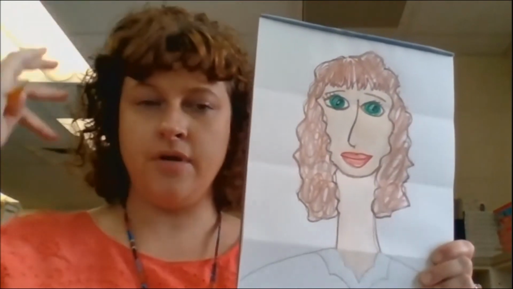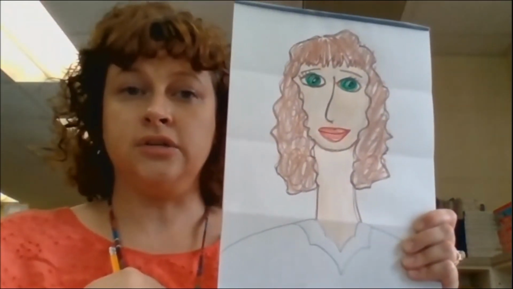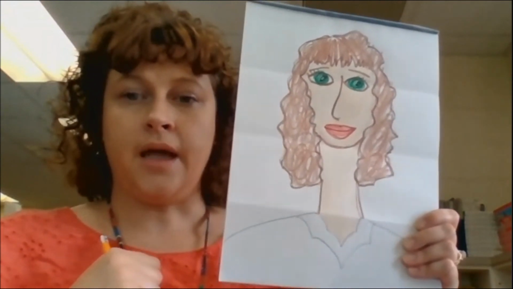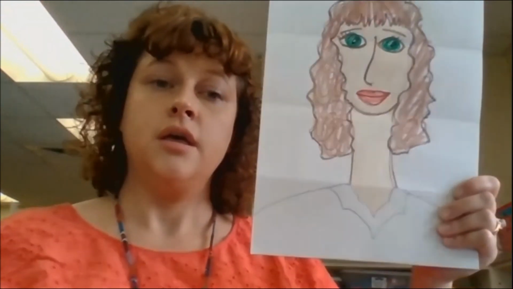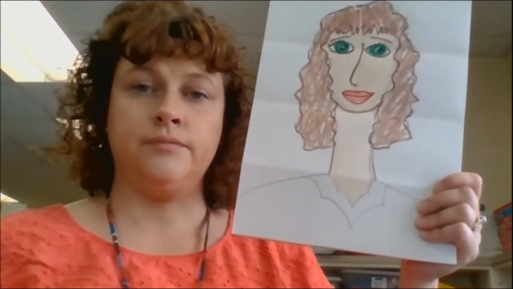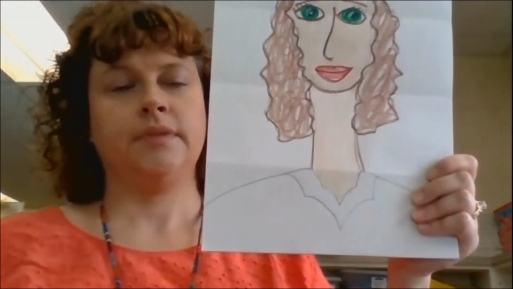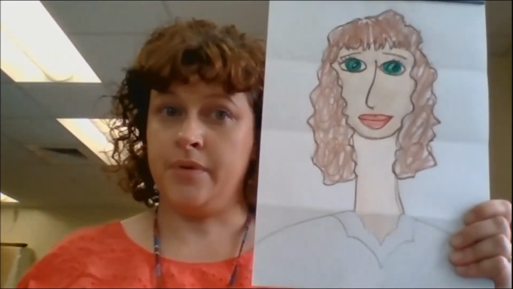The color of the hair represents me. I have green eyes. I've colored her eyes to look like me. I might even color her shirt to match what I'm wearing today. I haven't decided yet. Maybe I'll make it purple, my favorite color. Maybe I'll put some designs on there with polka dots. I love polka dots.